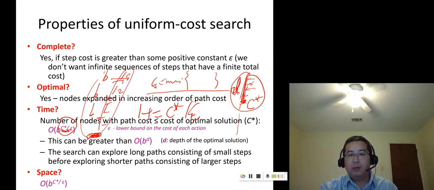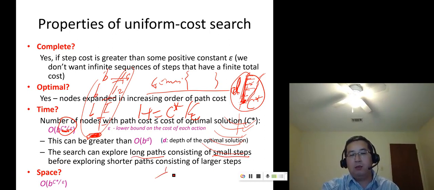That means you may waste effort, because we expand based on a cost contour. Small step means the cost is small, so it increases a little bit, for example 1, 1, 1, 1. But maybe you can have a shorter path where the cost is bigger, maybe 5, and you can jump to here directly.